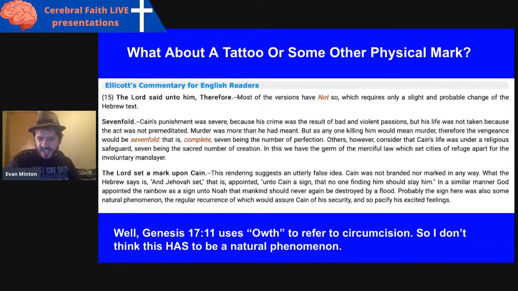Ellicott is saying that's a false idea. It just means sign, and it's used of the rainbow. It's a sign of the Noahic covenant. However, I don't think it has to refer to a natural phenomenon either, because as you see at the bottom of the screen there, Genesis 17:11 uses oath to refer to circumcision.